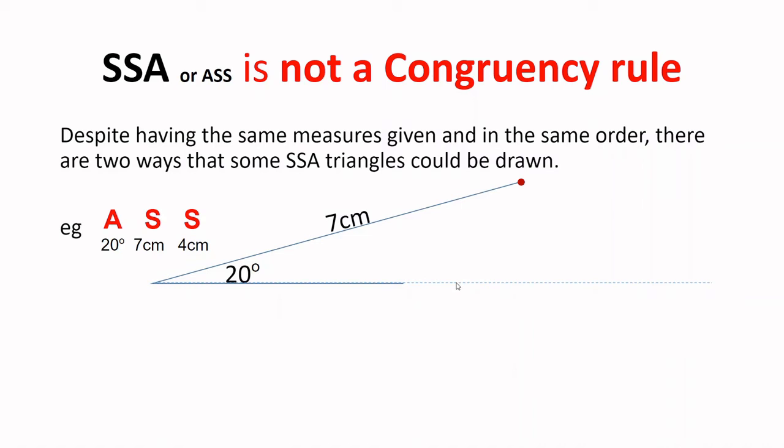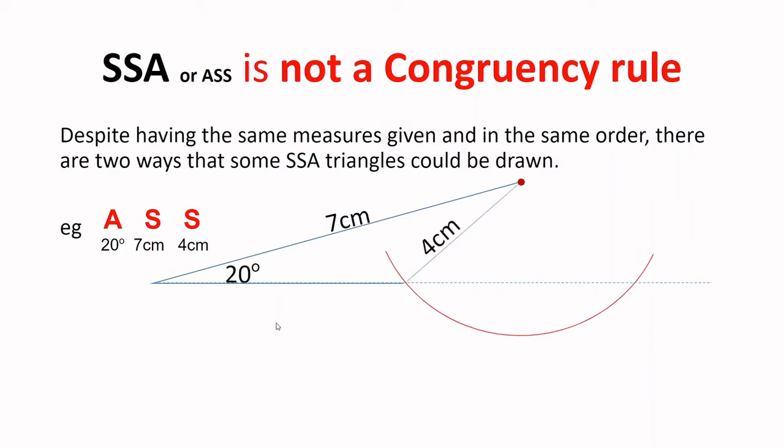All I know is that it should be 4 centimeters long. So I'll find all the possible points that are 4 centimeters away from this end of the line, and that gives me this arc. Now I know that my 4 centimeter line must either be off in this direction to join up with my line down here at the bottom, or off in this direction, again to join up with this line that helps make my 20-degree angle.